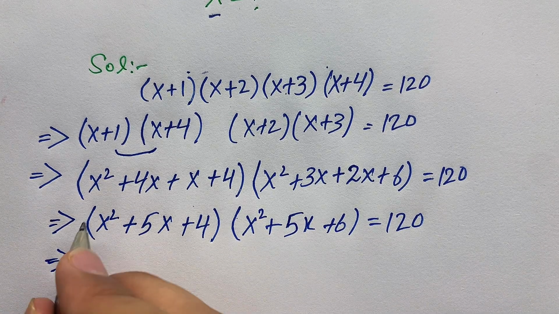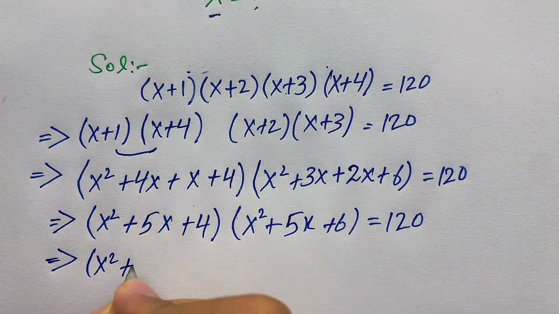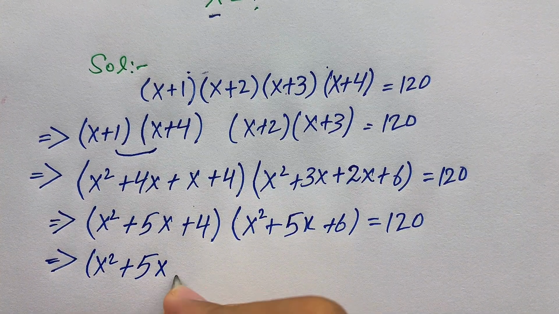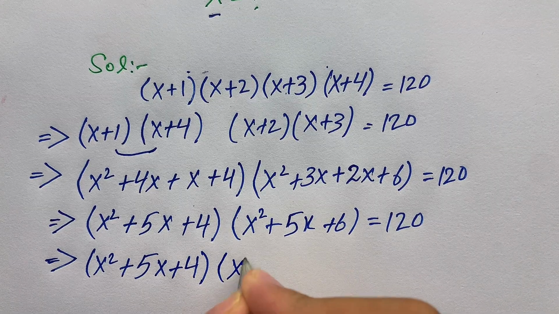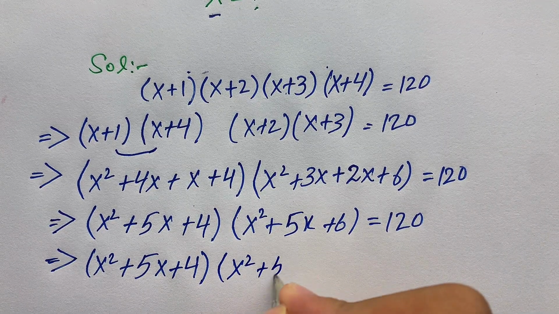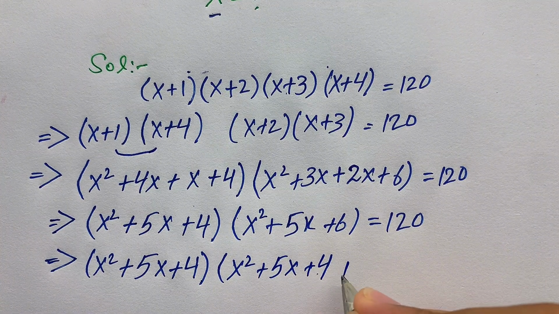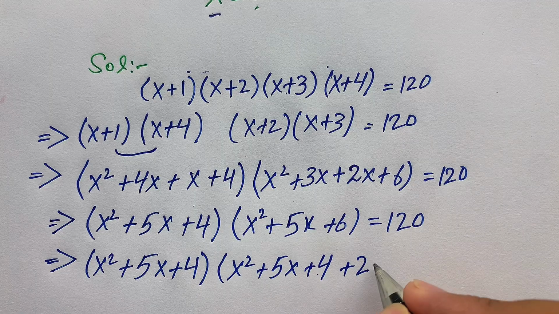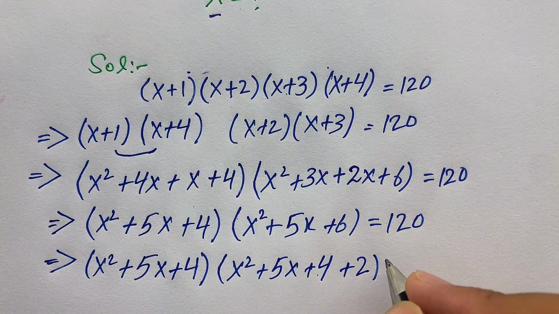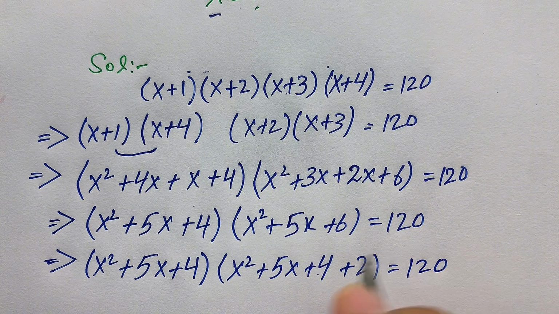So in next step, (x square plus 5x plus 4) into (x square plus 5x plus 4 plus 2) is equal to 120.